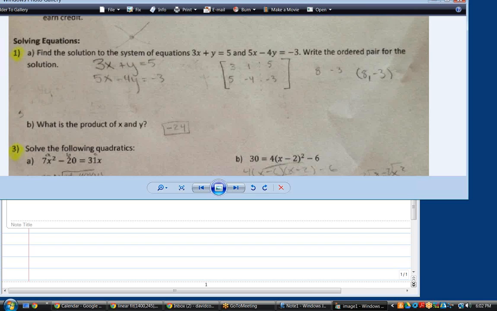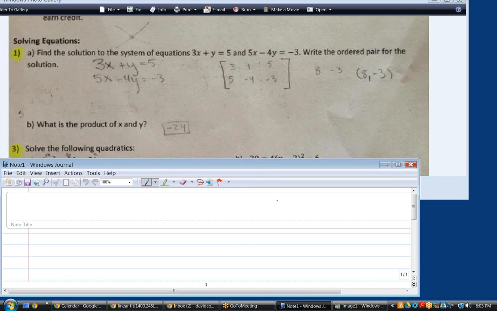Notice that the result you came up with, which was 8 and minus 3, if you plug that into this equation right here, it's 24 minus 3, which does not equal 5. Okay? And you don't want to miss part A, because if you miss part A, you are missing part B.